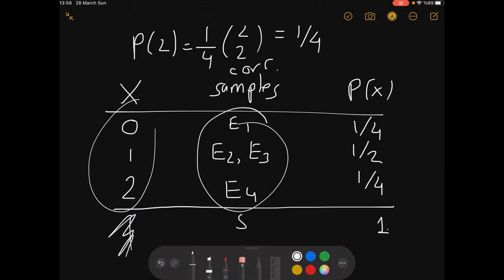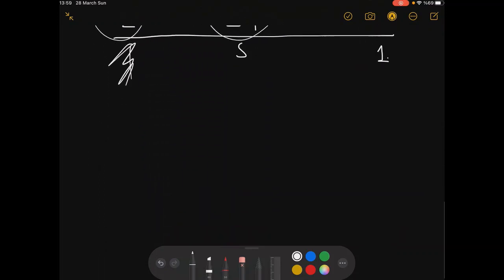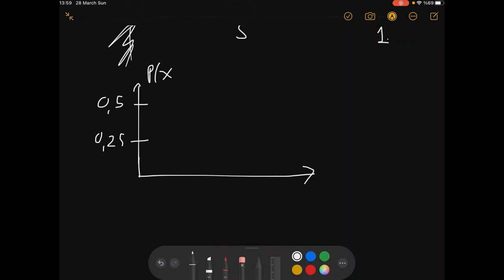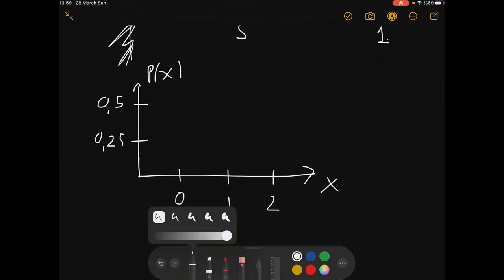These types of discrete variables can also be depicted with histograms, I'm sorry, with bar graphs. Here you will have 0.25. This is your p(x) y-axis, and you use the x variable value as the x-axis, and here you will have 0, 1, and 2 as bar graphs.